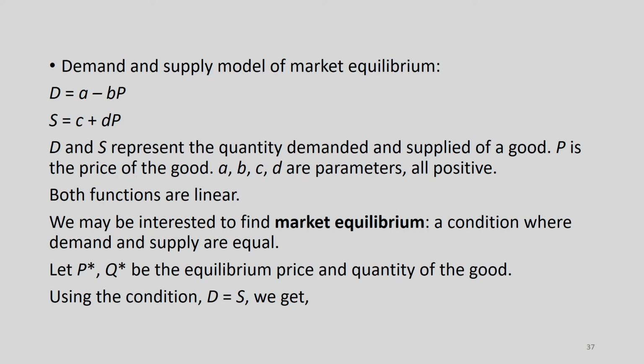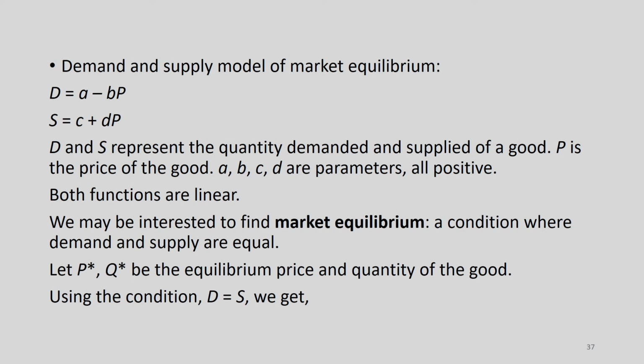And this is another example. Here you have demand and supply models of market equilibrium. So, first you have capital D is equal to a minus b P, and S is equal to c plus d multiplied by P. P is the independent variable here.